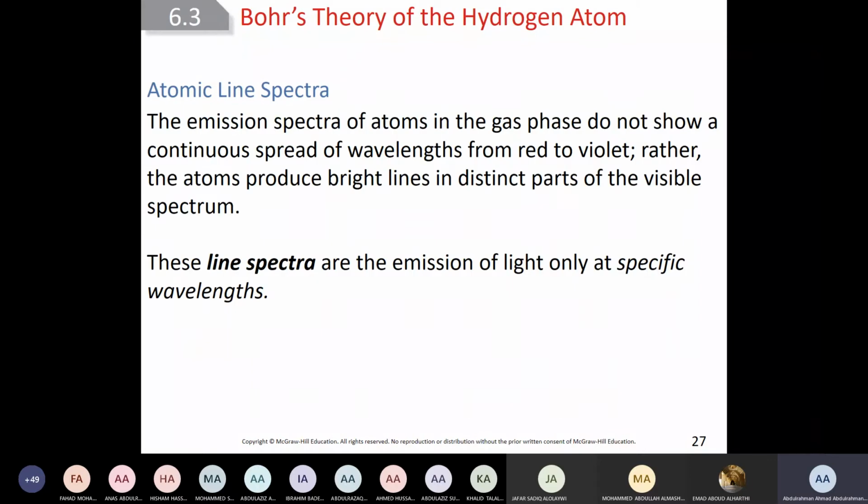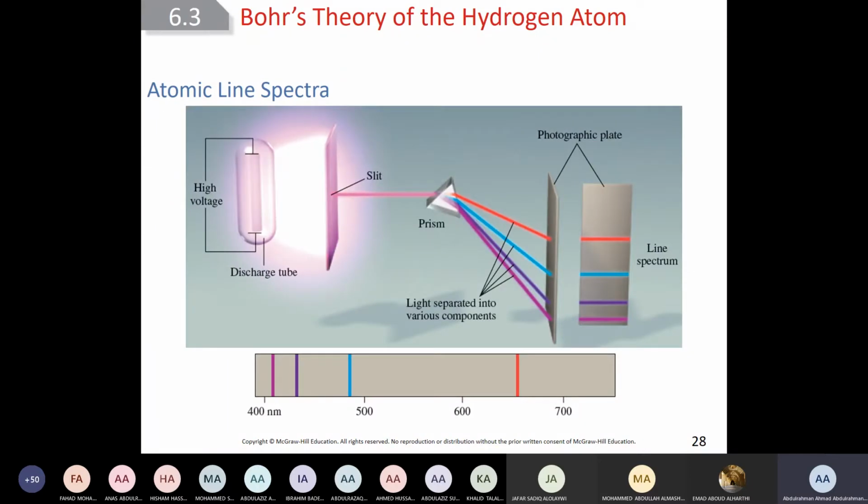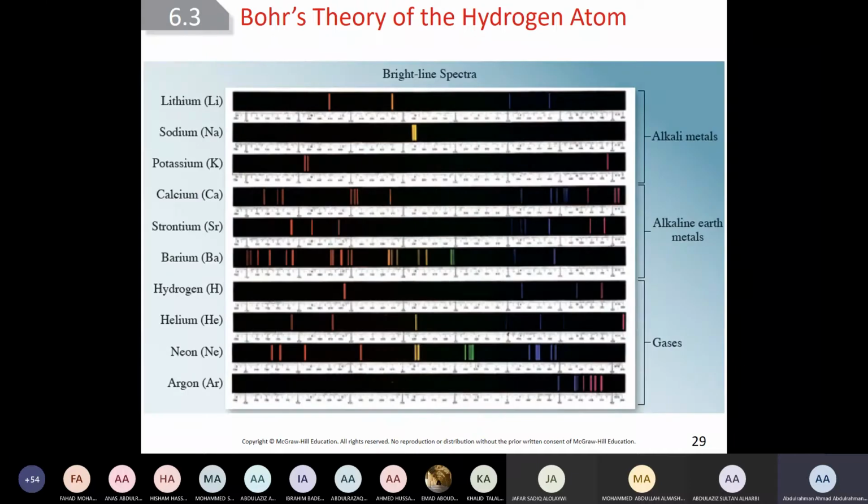We talk about line spectra, a very important word. What do you mean by line spectra? It's like the picture of the hydrogen atom, and that's why there is a different picture for each element. Each element has its own spectra. You don't need to know anything about this slide, except if I give you lines to compare.